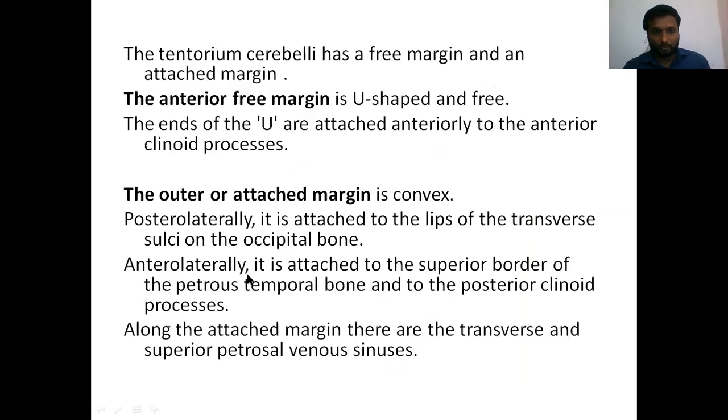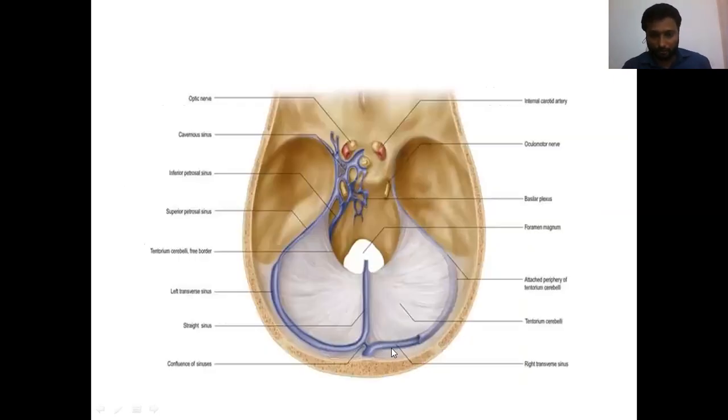So anterolateral part, posterolateral part. The posterolateral part is connected to the lips of the transverse sulcus. The anterolateral part is connected to the superior border of the petrous temporal bone. Then some sinuses are also related to it. Along the posterolateral margin we have the transverse sulcus, which holds the transverse sinus.